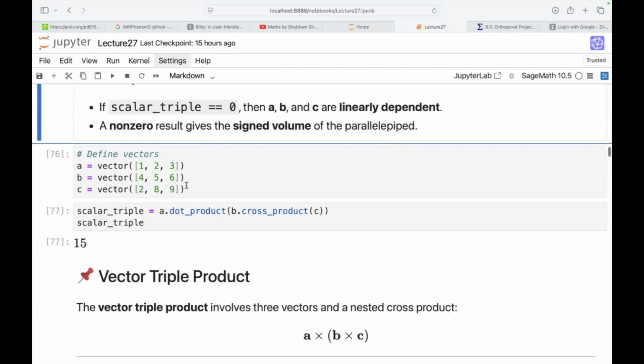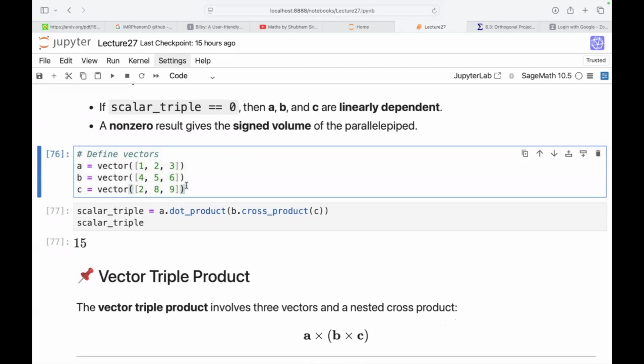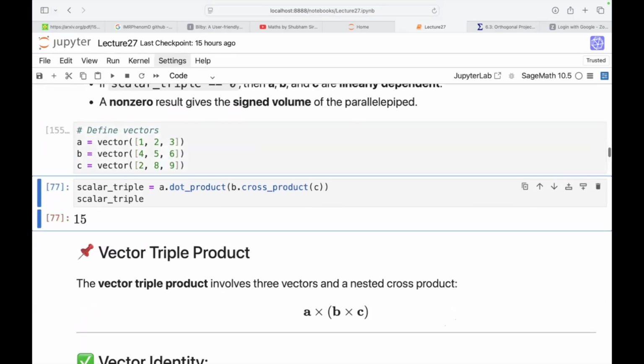I have defined three vectors here again, vectors A, B, C. Then we define the scalar triple product.